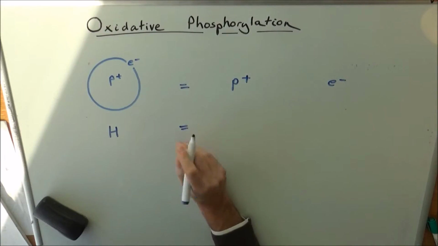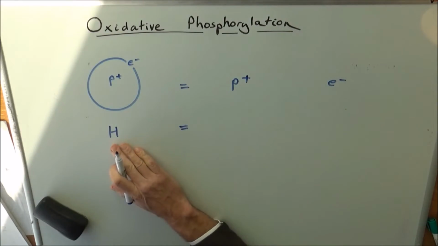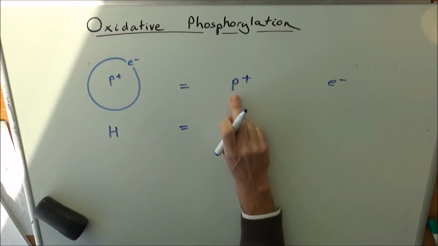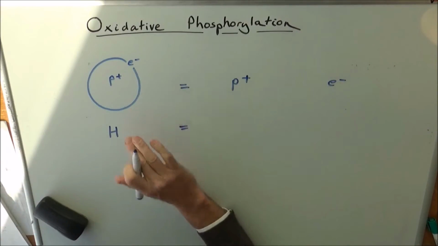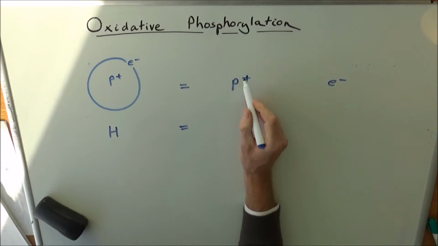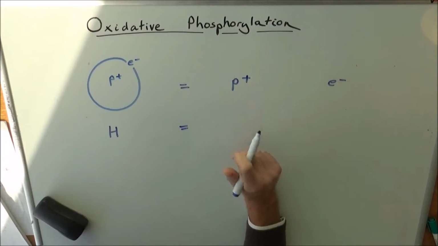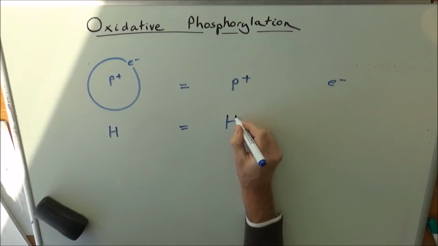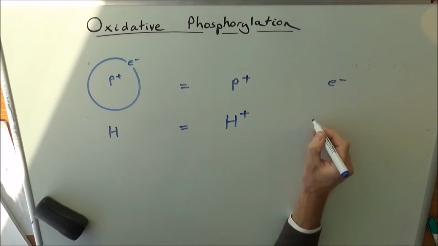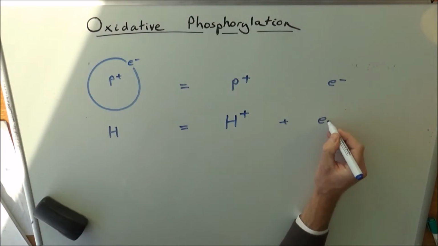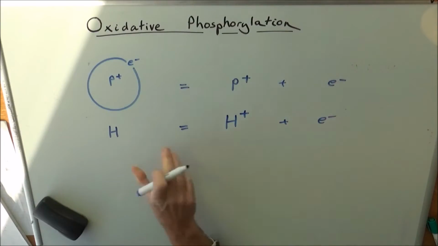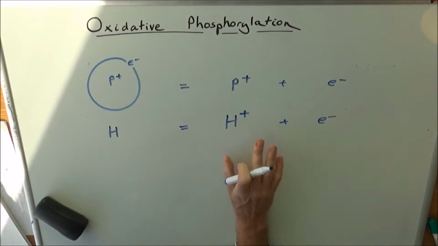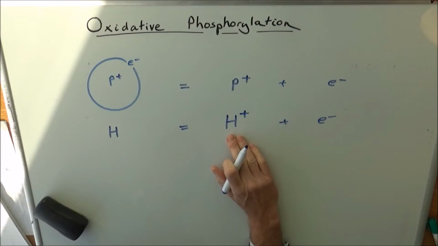In fact, during respiration, all of these hydrogen atoms become separated. The electron gets taken from the atom, so all that we've got left is a proton. There are no neutrons in a hydrogen atom. So most of the time you'll see that just written as H plus an electron. Okay, so that's the way to think of hydrogen atoms. Think in terms of the individual electrons and H plus ions.